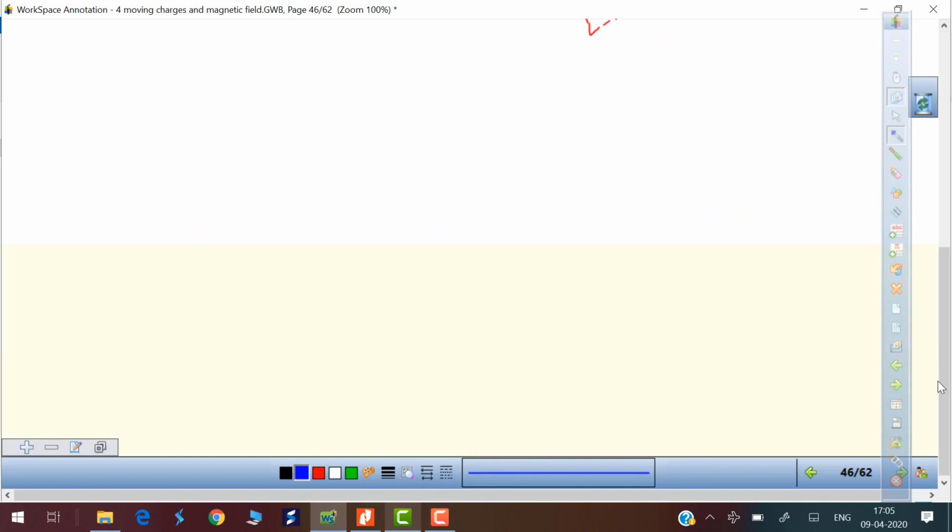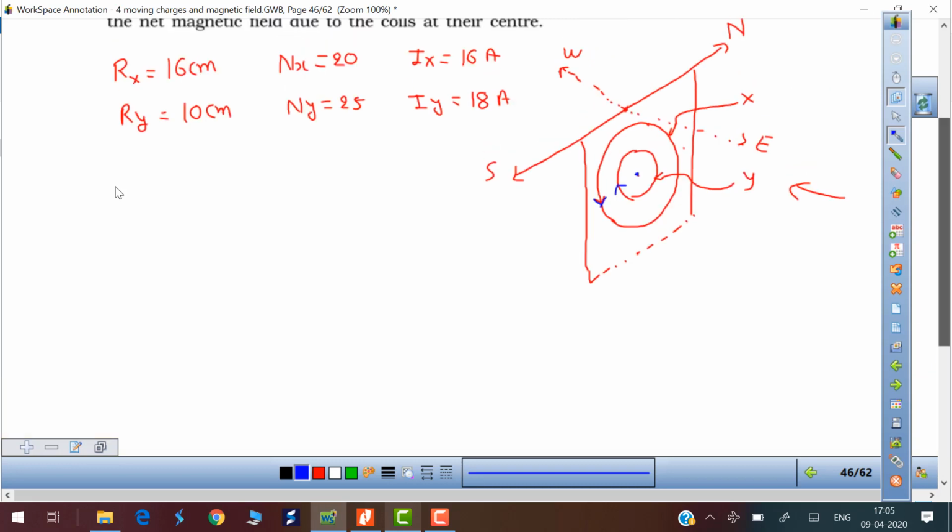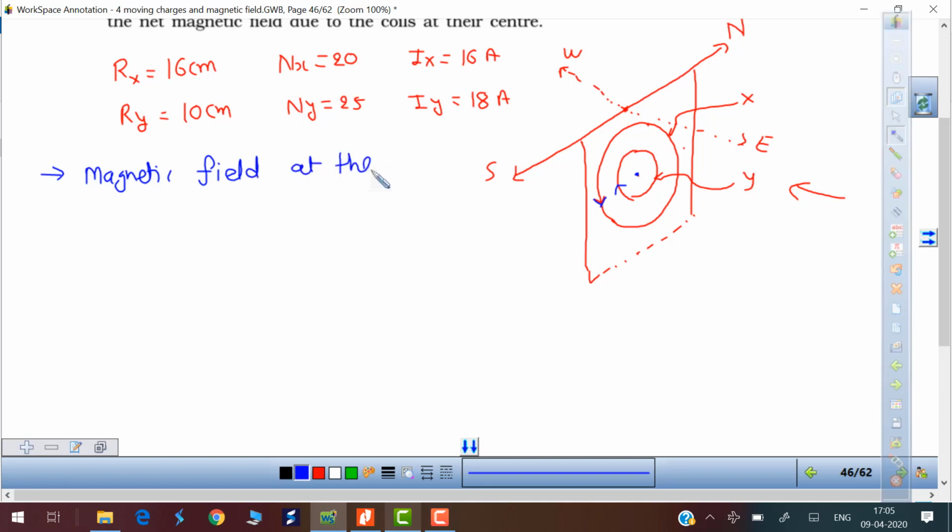First I focus on coil X. Magnetic field at the center of coil X, B_X, is mu 0 N_X I_X divided by 2 r_X.